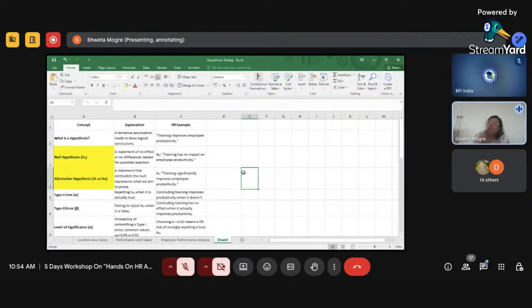A statement having null effect, neutral in nature. Here is another example: training has no impact on employee productivity.